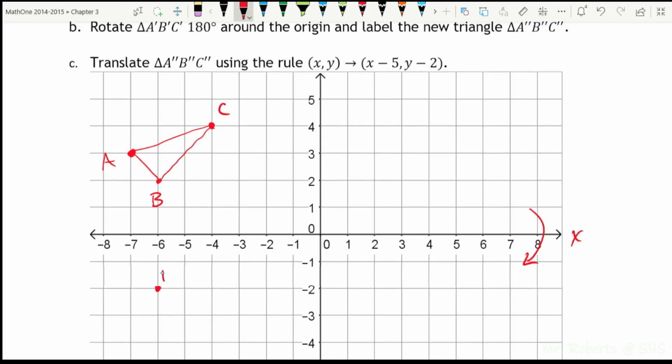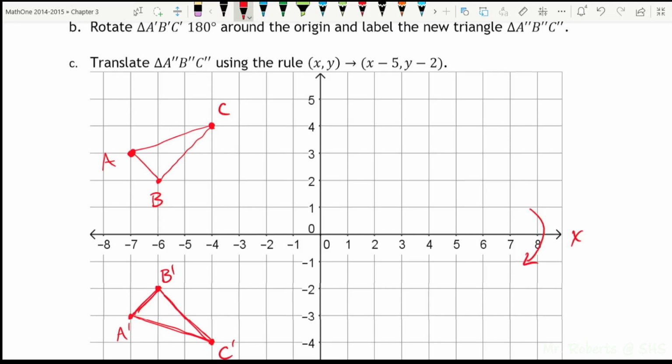So this is going to be B prime. It's 3 above, it's going to become 1, 2, 3 below. This is going to become A prime. And then this is 4 above, it's going to go 4 below. This is going to become C prime. So that reflection is pretty straightforward, right? Because I know that when I reflect across a line, the distances of the original shape to the images have to be equal. And my line of reflection there is the x-axis.